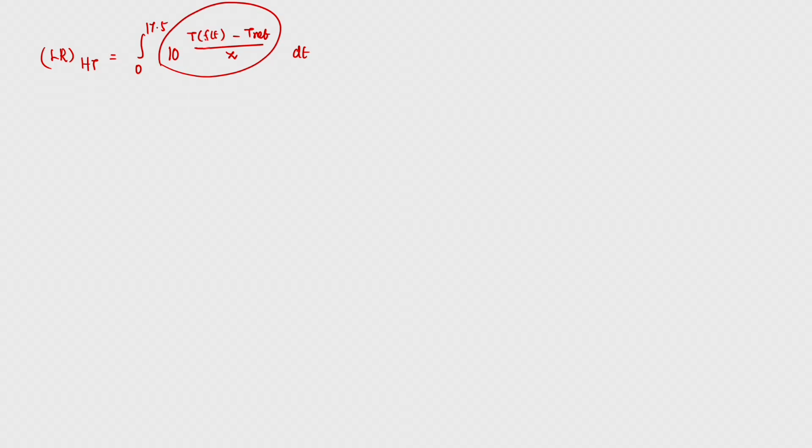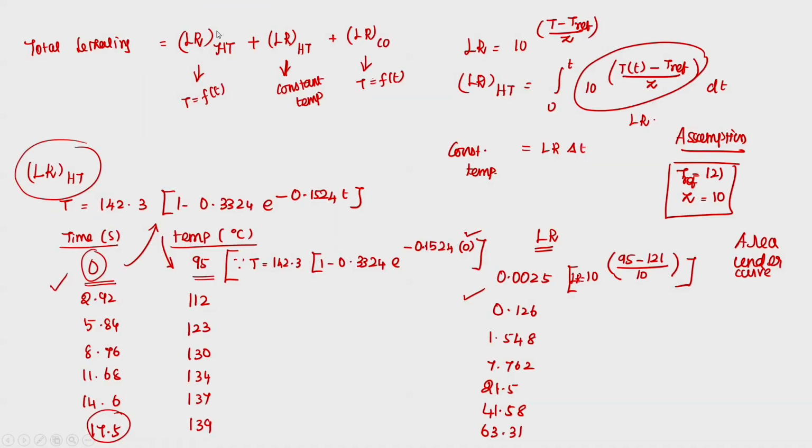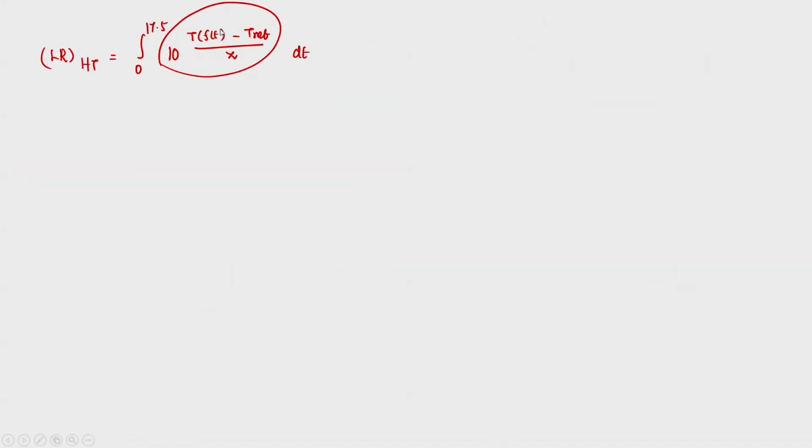Here, what we are supposed to calculate is LR at HT, which is nothing but from 0 to 17.5. LR we have already calculated, which is nothing but 10 to the power of T as a function of time minus T reference upon Z, into dt. This I have already calculated, because I have already calculated my time and temperature from the given relation, which is T as a function of t.